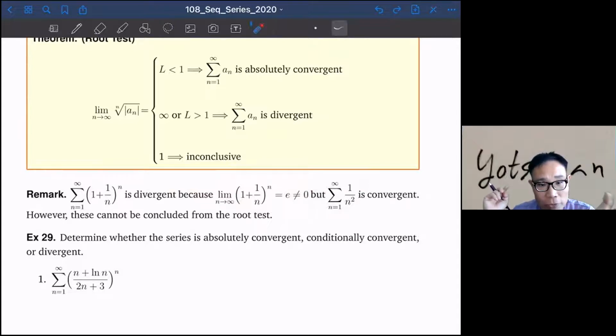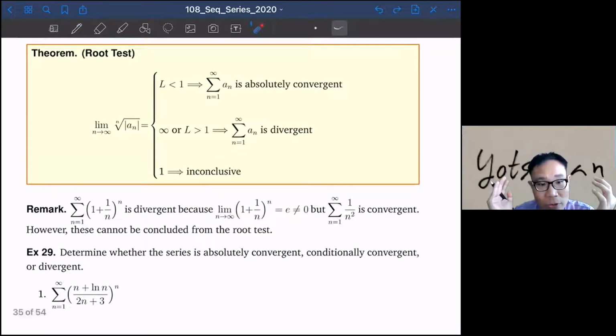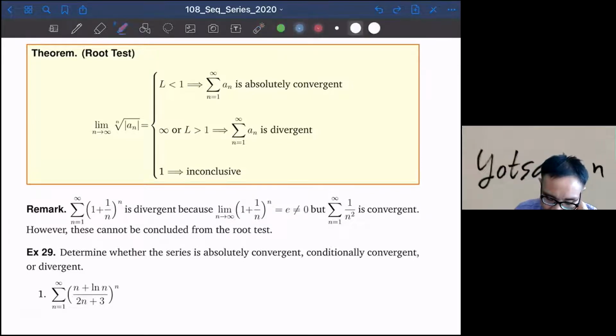Okay, so for this one, we're going to adopt another test, which is called the root test. So in order to use the root test, you're going to find the limit as n goes to infinity of the absolute value of a_n, and you're going to take the nth root. So if you have L less than 1, similar to the previous ratio test, it's going to turn out to be absolutely convergent.